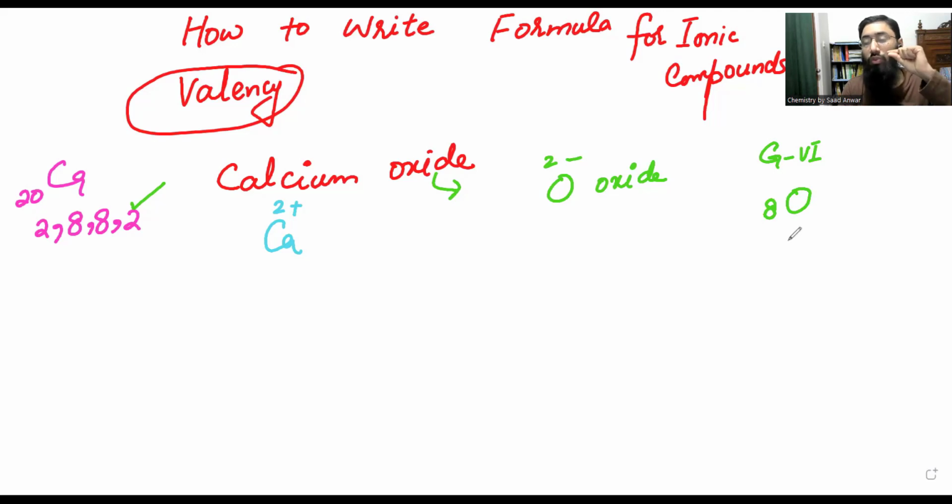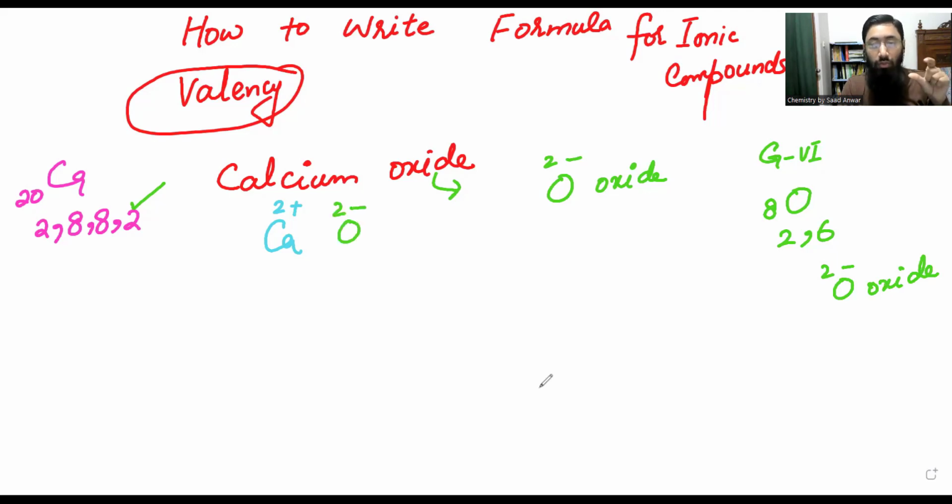So the first shell of oxygen has 2 electrons, the second shell has 6 electrons, and to complete the octet, oxygen will gain 2 electrons. To complete the octet means to have 8 electrons in the outermost shell. When oxygen gains 2 electrons, it will carry a minus 2 charge, so we call it oxide. For oxide, I will write O minus 2.